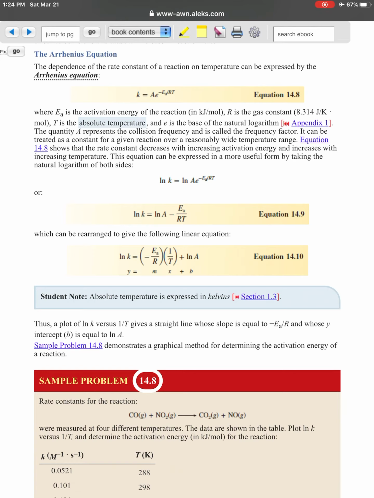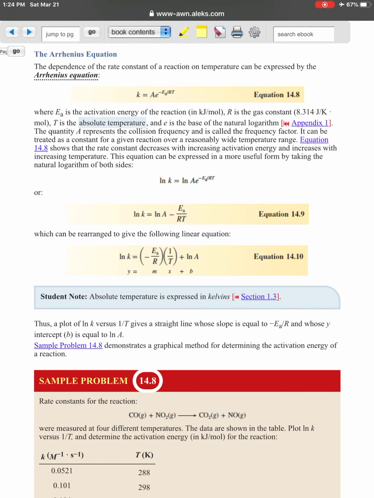If you do that, ln of k equals ln of A e to the minus Ea over RT, you get ln k equals ln A minus Ea over RT, and that is equation 14.9, which can be rearranged to give the following linear equation. Remember, we saw that in the previous section. By taking the log of both sides, you can turn something into a linear relationship, which you can graph.